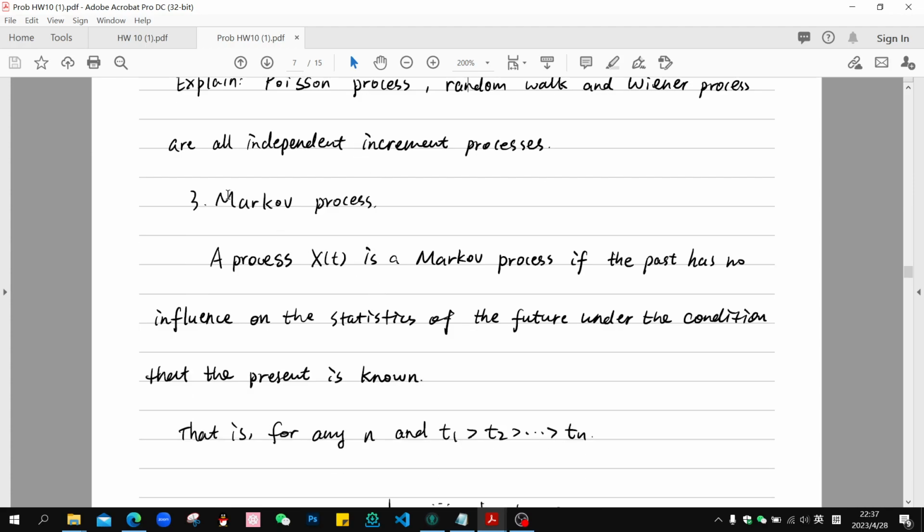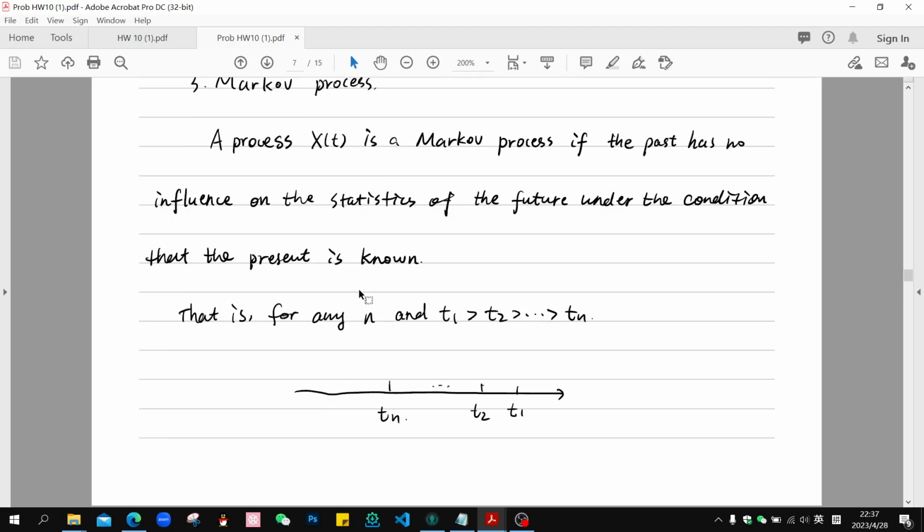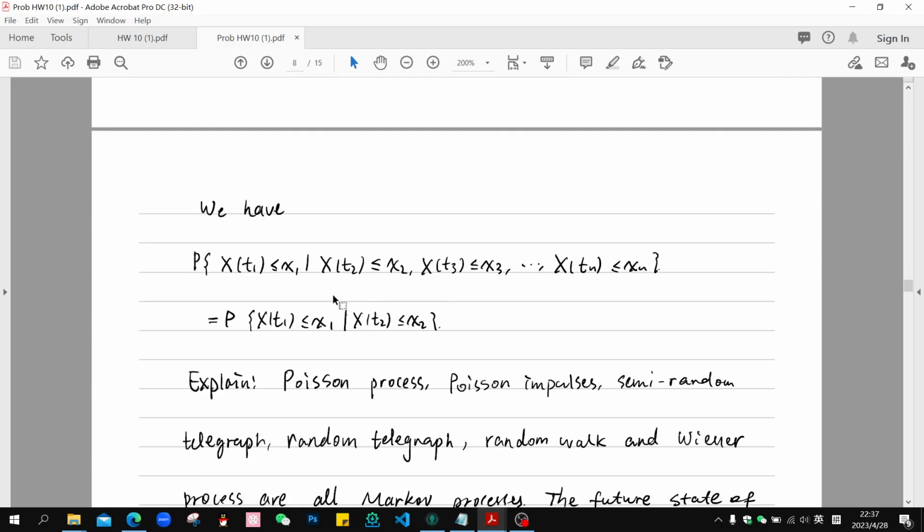Third property is the Markov process. A process x(t) is a Markov process if the past has no influence on the statistics of the future under the condition that the present is known. That is, for any n and t1 to tn in decreasing order, we have this.